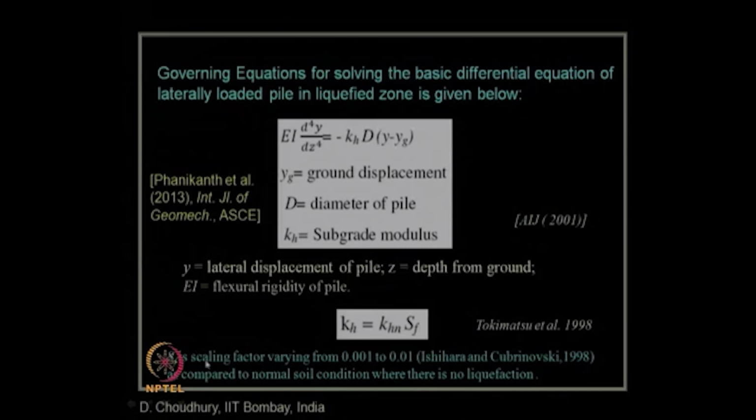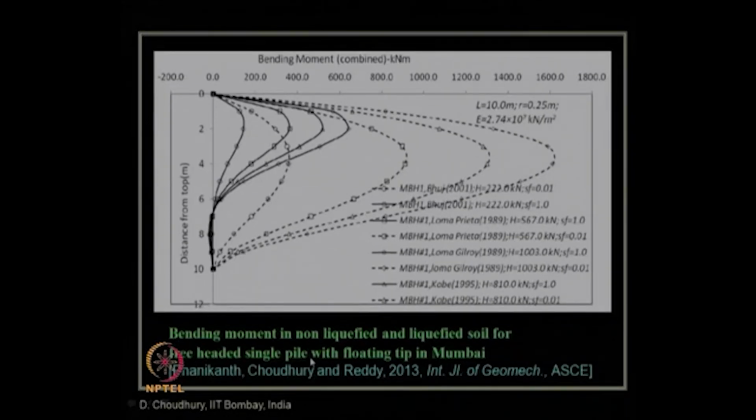These are the factors. Range of this SF is 0.001 to 0.01, you can see. So, how much reduction of this subgrade modulus will take place under this liquefiable condition for the soil, compared to when there is no liquefaction.